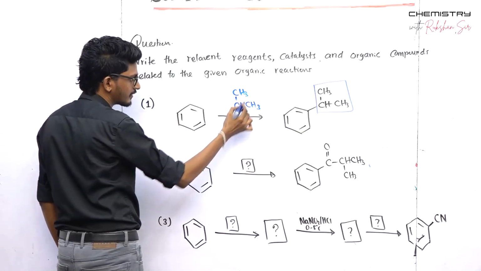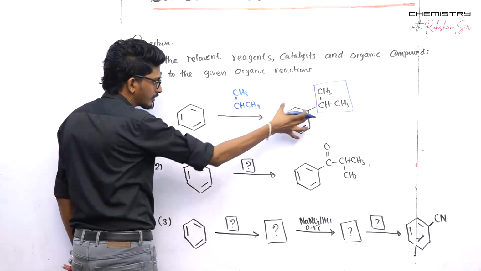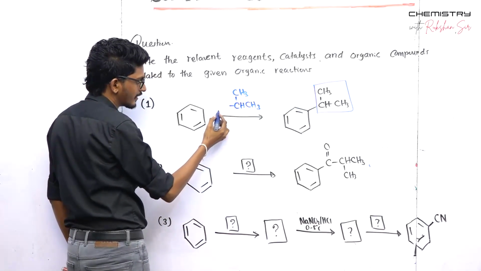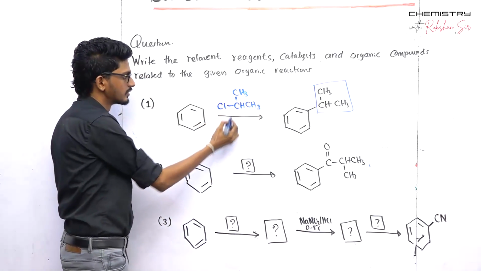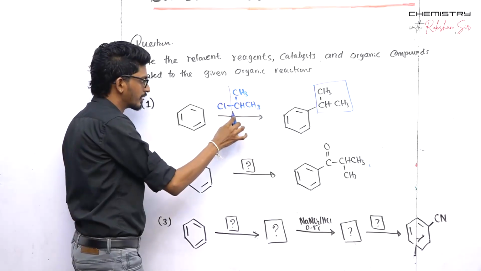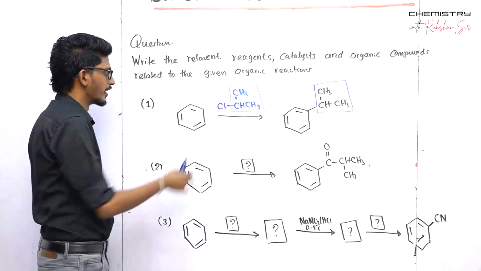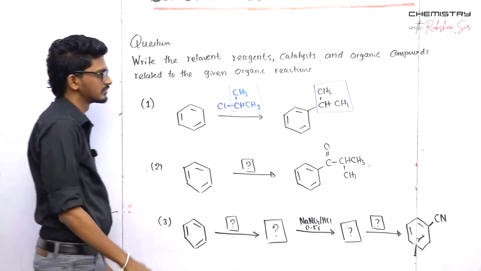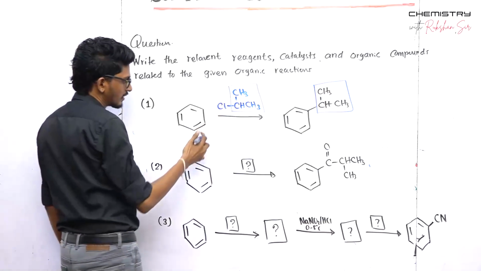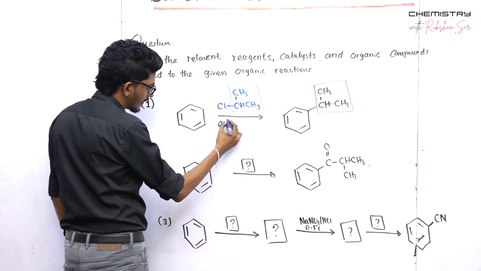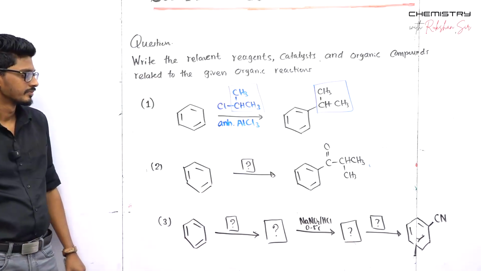And instead of the benzene thing, just write the halogen left. This group will be connected by leaving this halogen. For that bond, the benzene will be connected. That is how you are supposed to come up with the compound here. So this is alkylation. It should be done with the anhydrous AlCl3 catalyst.